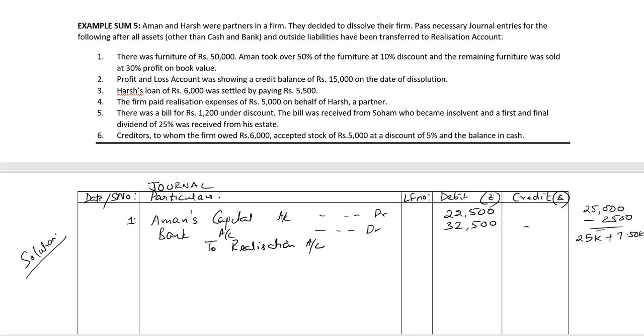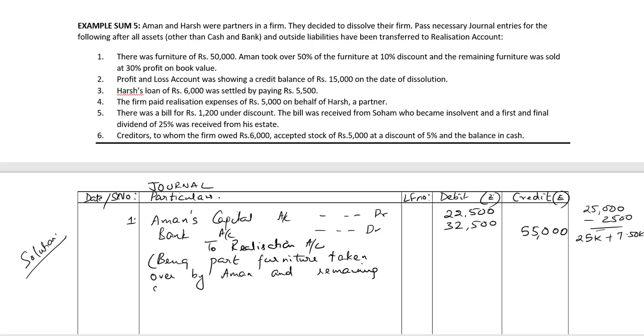So realization account is credited with rupees 55,000. Narration: being part furniture taken over by Aman and remaining sold.